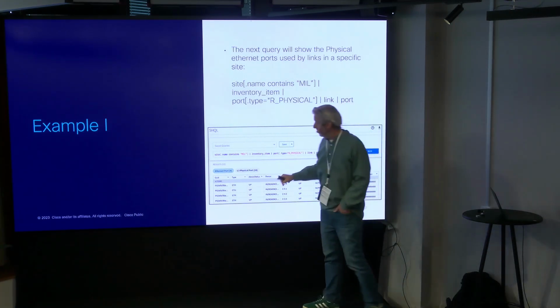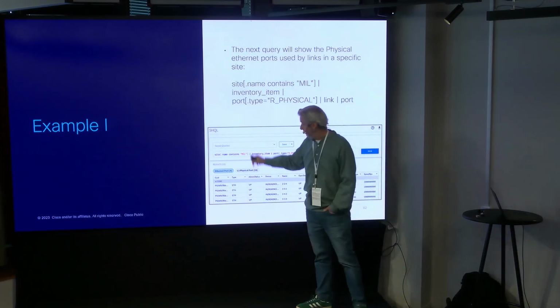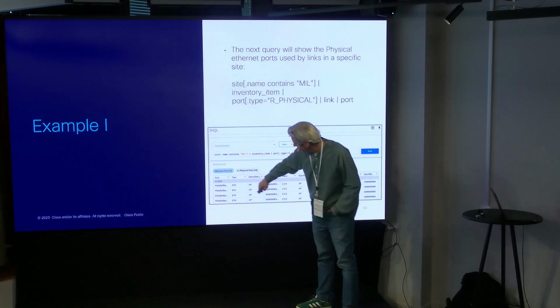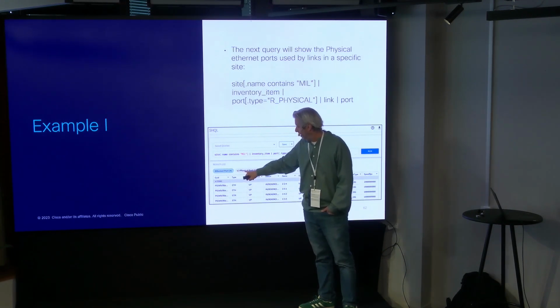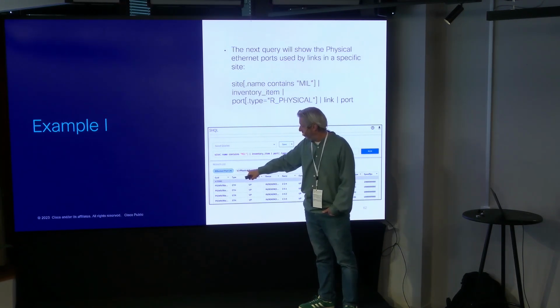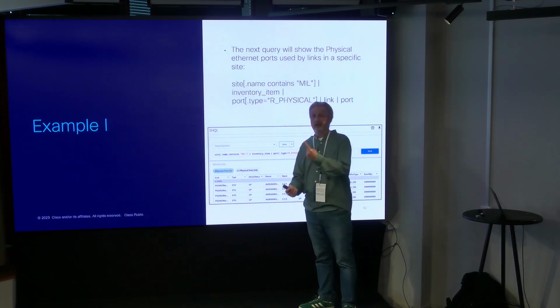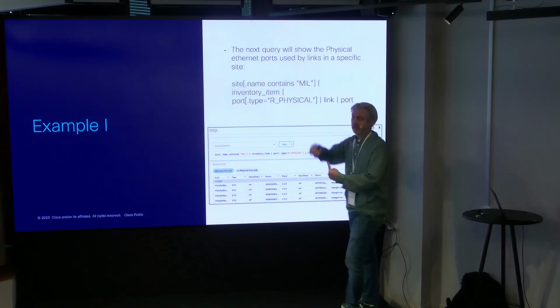So eventually we'll get all the physical ports in Milan, and you can see that some of them are ports in routers, and these Ethernet ports are in optics, which are the Ethernet ports that connect to the routers themselves. Okay.